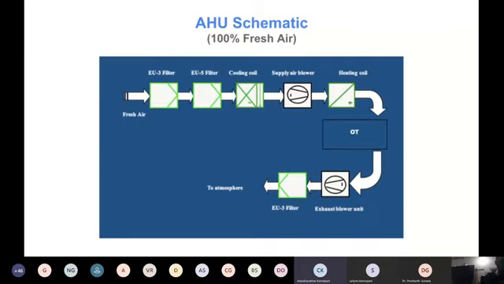We have a pre-filter initially in the system, then a microwave filter, then again we cool, again we have a blower, and a heating coil. The heating coil plays a role to subside the RH levels, then the air comes to the OT, then we have an exhaust blower, then it is filtered, then thrown out to the ambient.